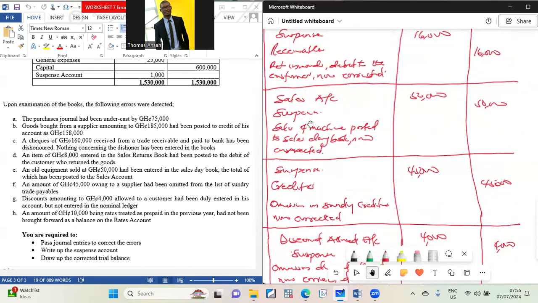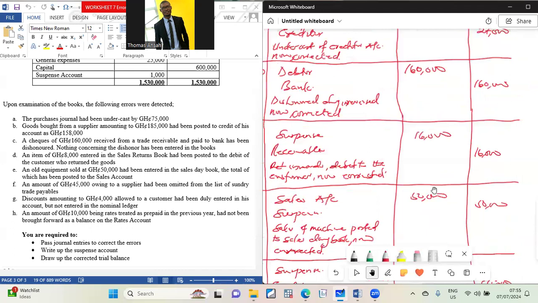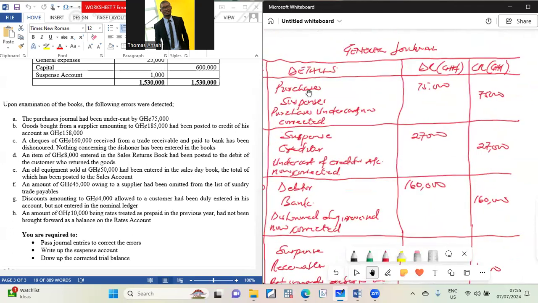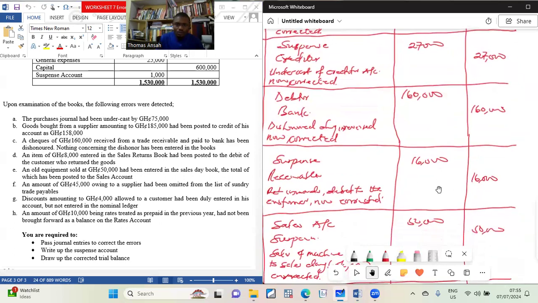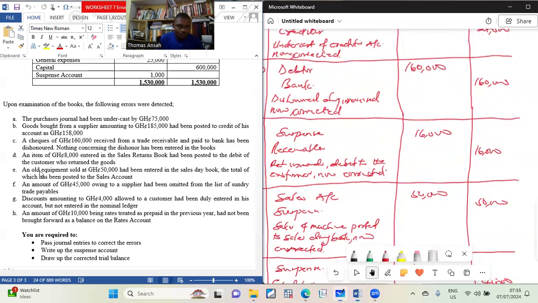We've gone through this. Check. Purchases, this has been done. This 160, the narration is correct. An item of 8,000, also correct. We've done the double entry. It's correct.